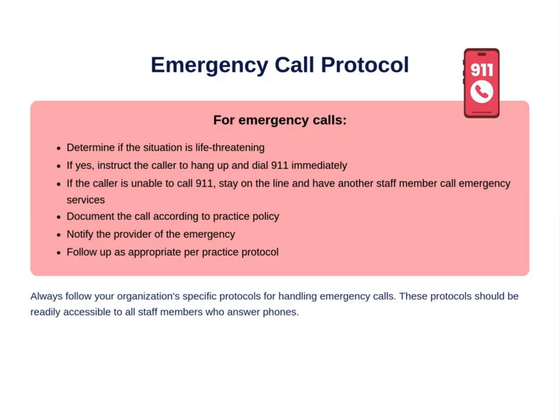And you'll want to make sure that it is documented appropriately how you did this. But we never want to get an emergency phone call and tell the patient to hang up and call 911. And if they say they can't do it, we don't want to just hang up on them and not take care of that. You need to make sure that you're providing that care and that you're documenting that.